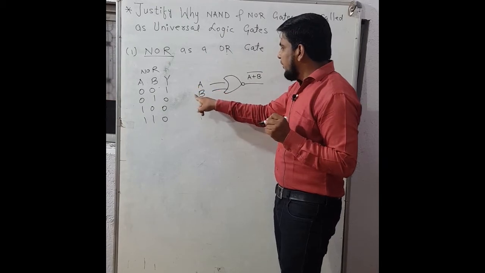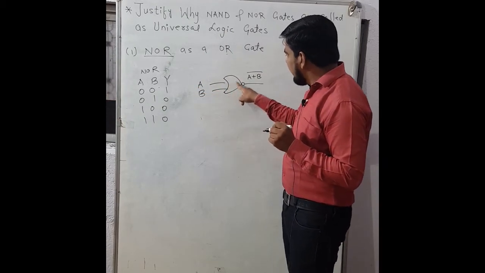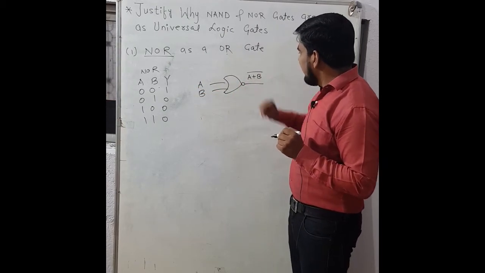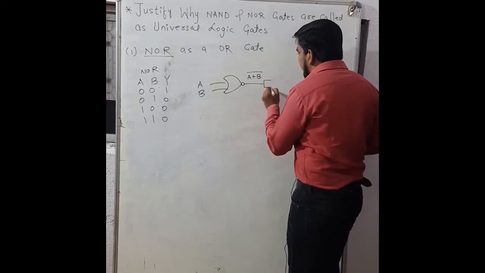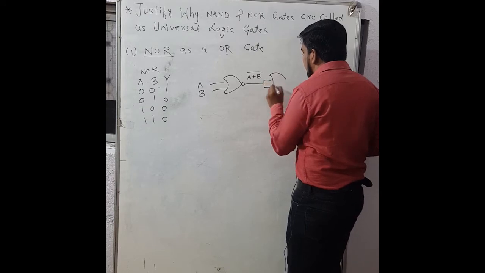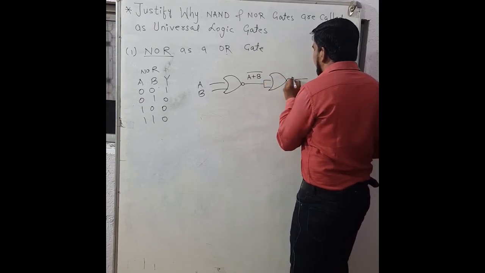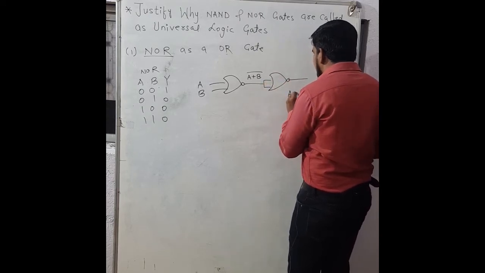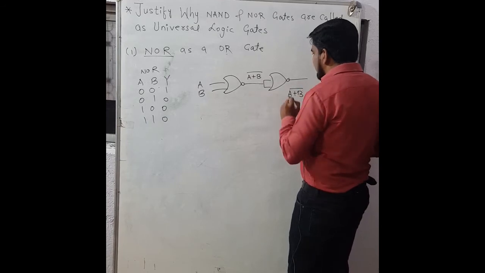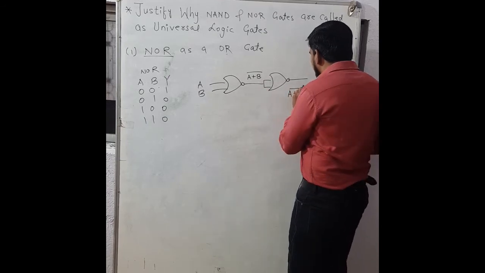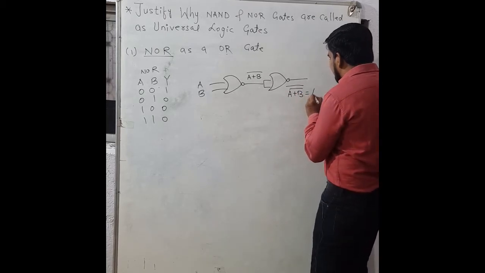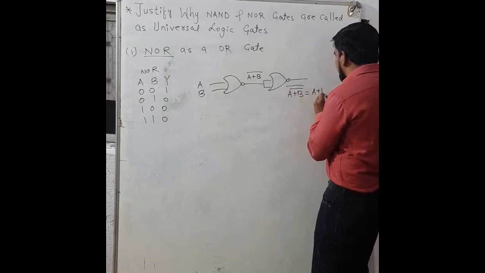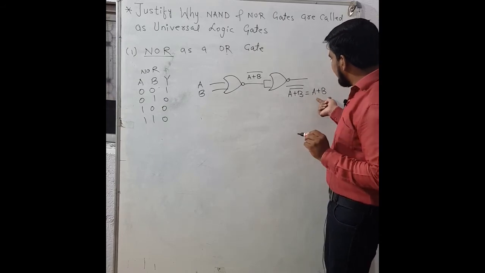When A and B are applied to a NOR gate, output is A plus B complement, and we know that when all the inputs of a NOR gate are shorted, it works like a NOT gate, meaning A plus B complement is the input, output is its complement, and we know that complement of the complement is cancelled, that's why A plus B is the output.